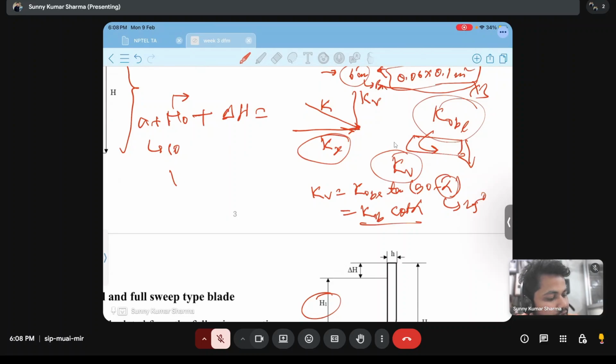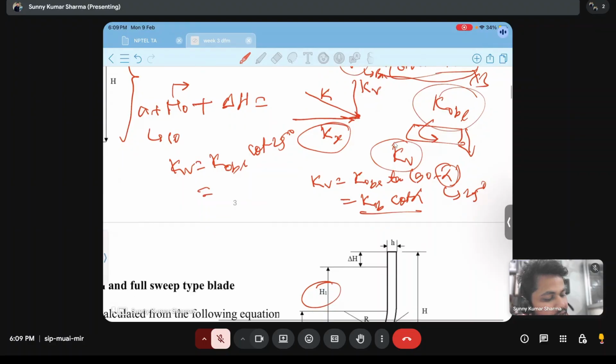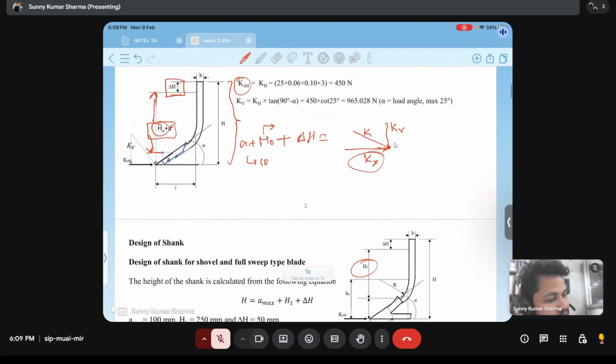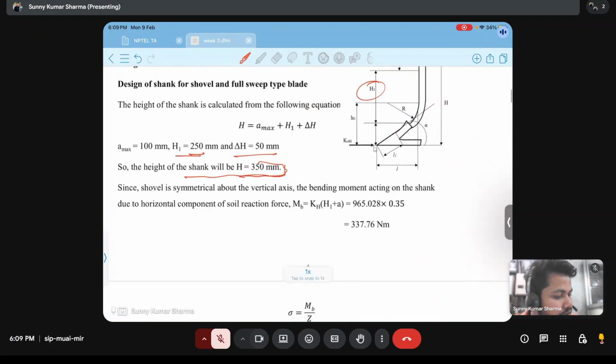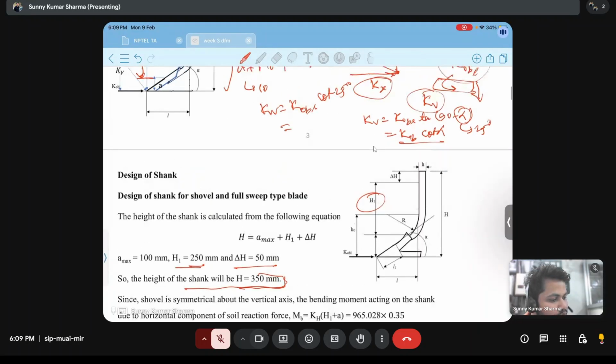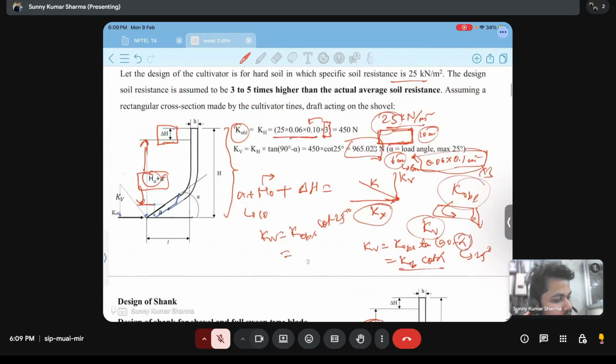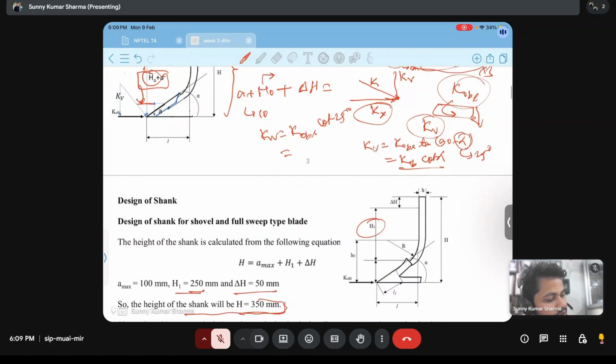So KV value will be KOBL cot 25 degree, and from here we get the KV value as 965.028 Newton. So this 965.028 is the vertical force, and 450 Newton is the horizontal force.